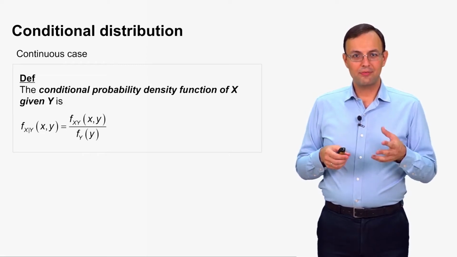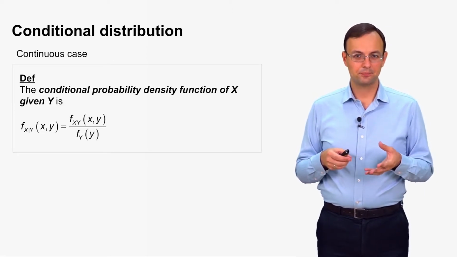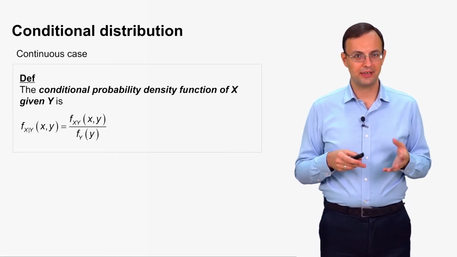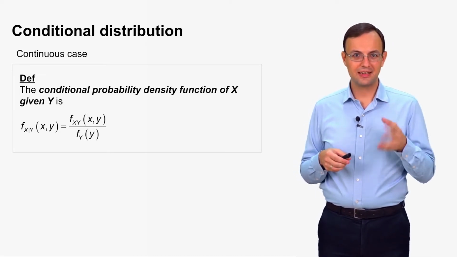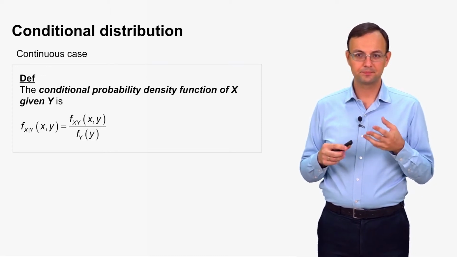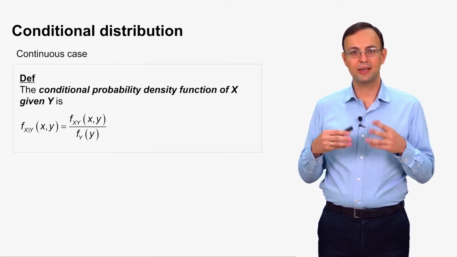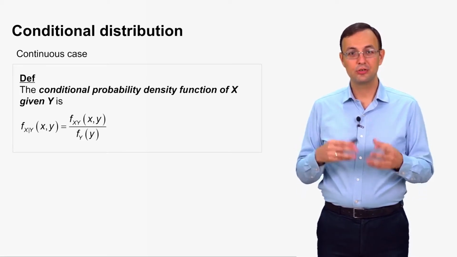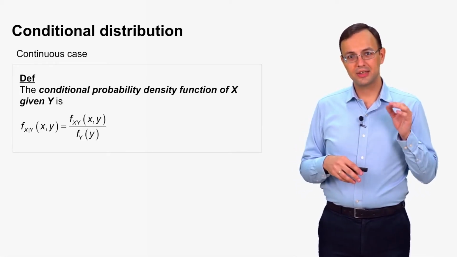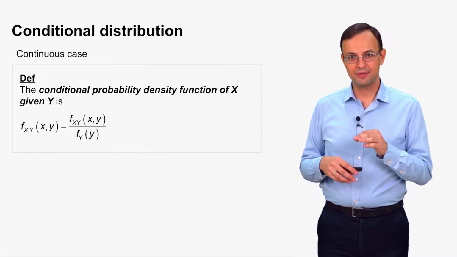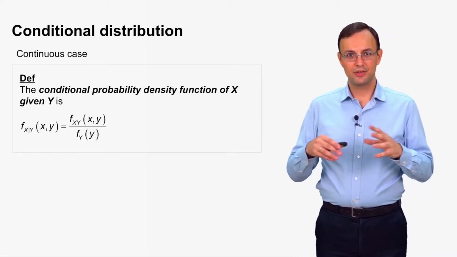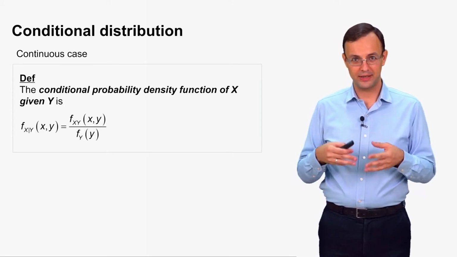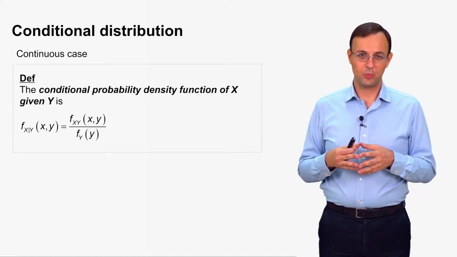Now, what do we have in a continuous case? For a continuous case, the conditional PDF can be defined. So conditional probability density function of x given y. And this is also a function of two arguments. And to find this function, we also need to know the joint distribution, as the conditional PDF of x given y is defined as the joint PDF of x and y divided by the PDF of y, by the marginal PDF of y.